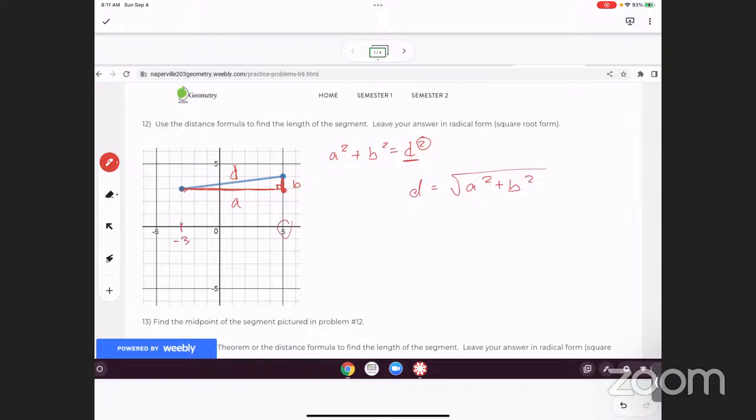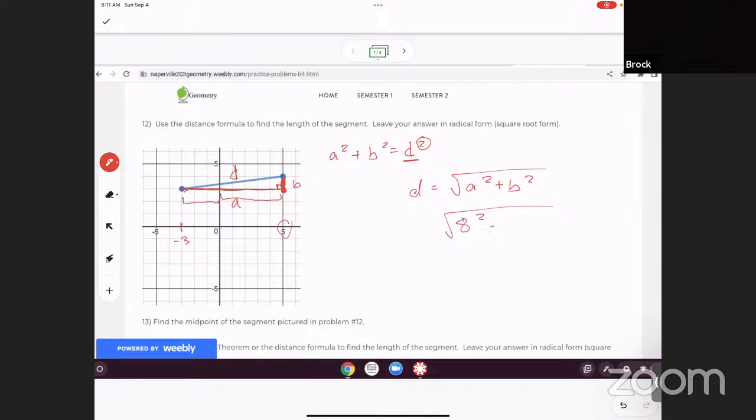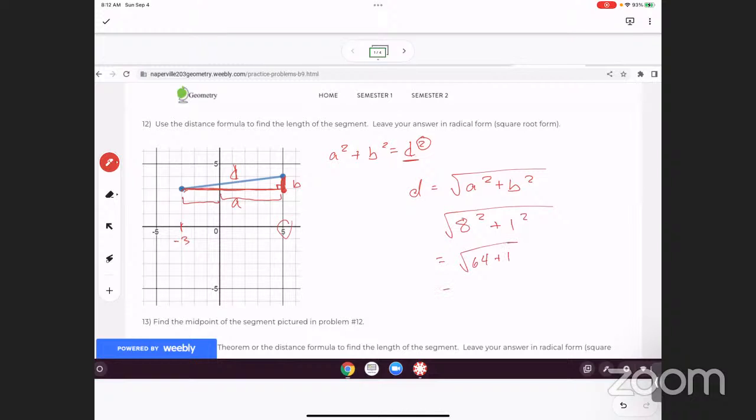So you subtract them. 5 minus -3 is 8, right? And b, what's the distance here? That's just 1. So it's plus 1 squared. So 8 squared is 64. What's 1 squared? 1. So this is the square root of 65. That's your answer. And it says leave it in radical form.